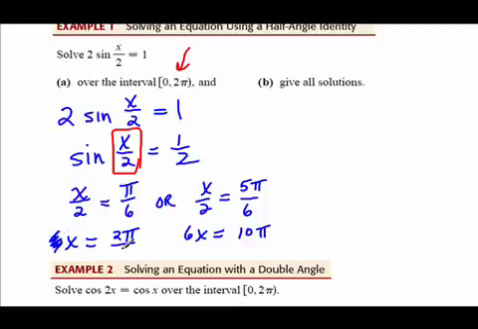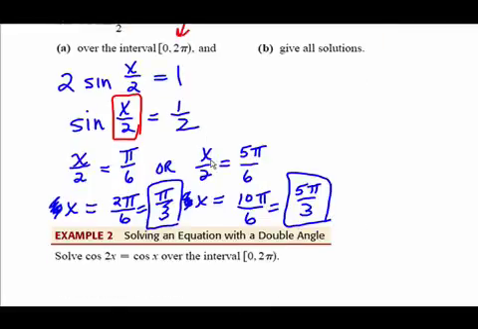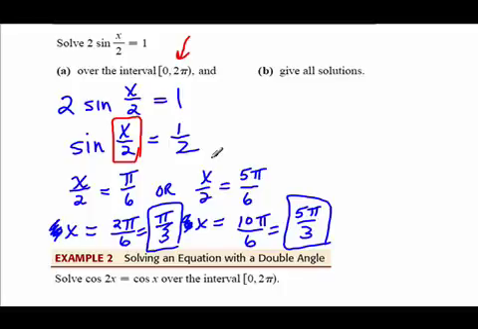Divide by 6, divide by 6, put our fractions in lowest terms, and we get pi over 3, or divide by 2, 5 pi over 3. So there's your 2 solutions to part A. Nowhere in that did I use a half angle identity. I just think that you're overanalyzing the problem that way. Makes it a little bit more difficult in my opinion. Okay? So those are the 2 angles in the specified domain that solve that equation.